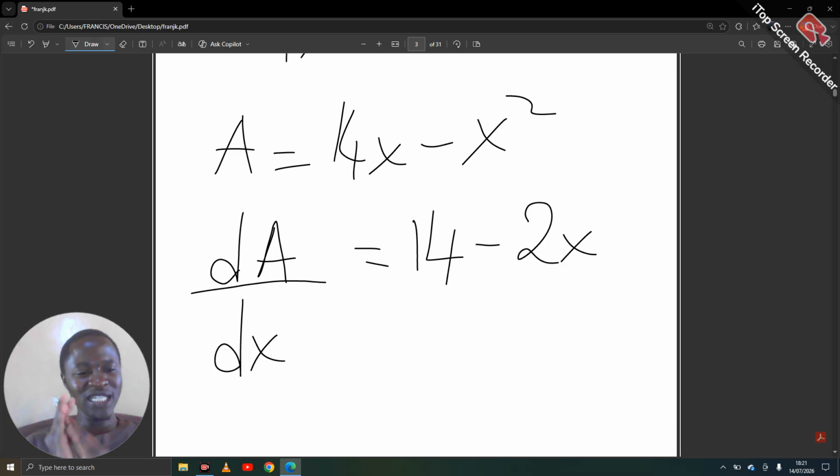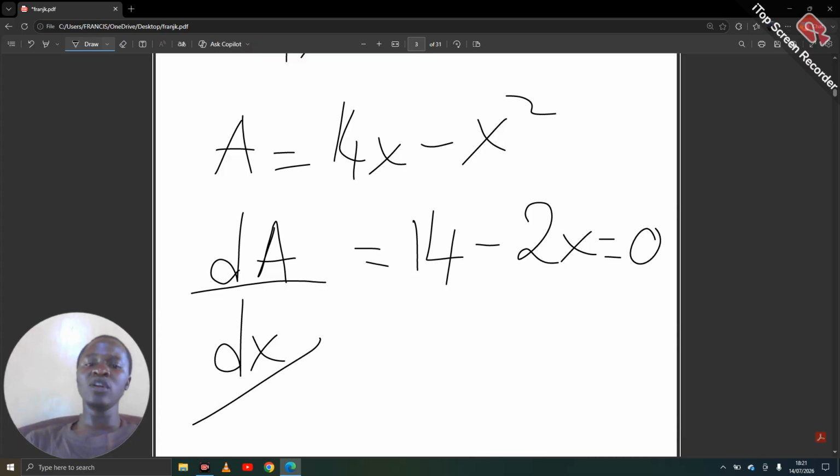Let us have it that whenever you are differentiating, when it comes to maxima and minima, let it be 0. So in this case, dA over dx equals 14 minus 2x, which is equal to 0. From this point, we can ignore this part, but do not cancel it.